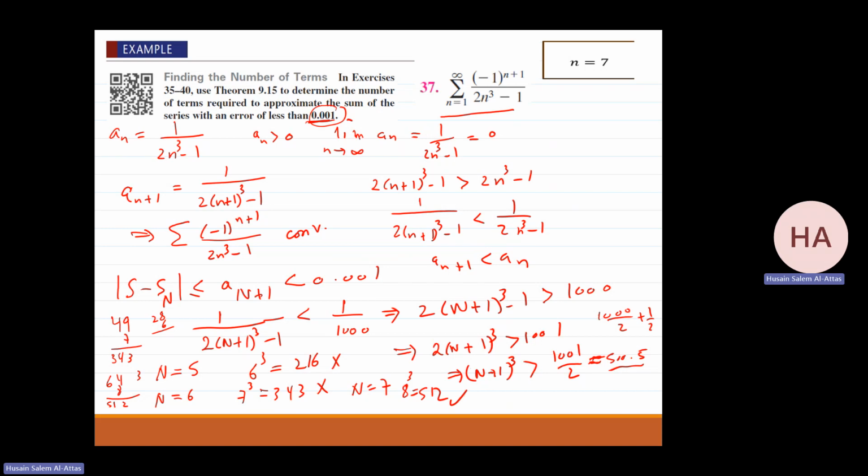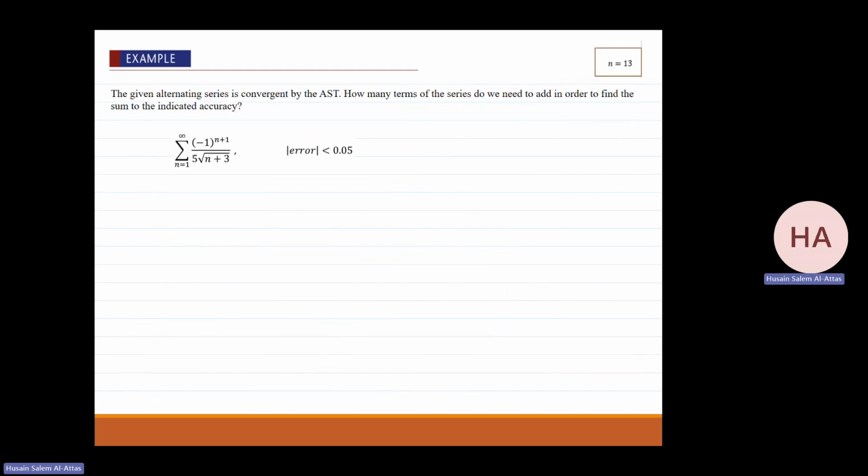So how many terms do we need? We need at least 7 terms. Usually in the exam, they will ask about the minimum number of terms, which is 7 in this case.